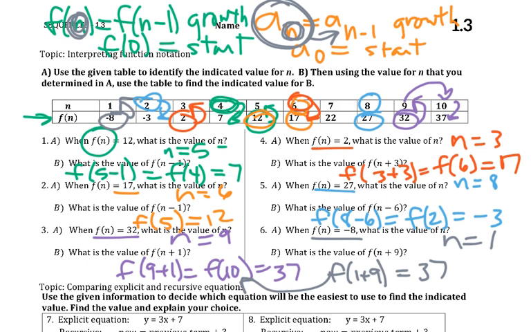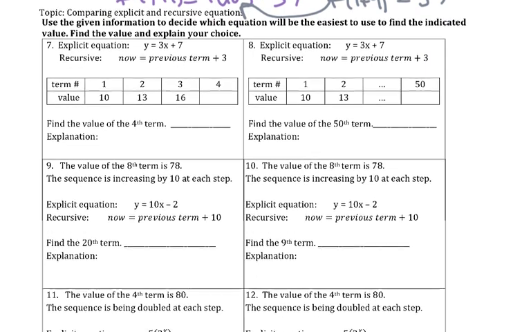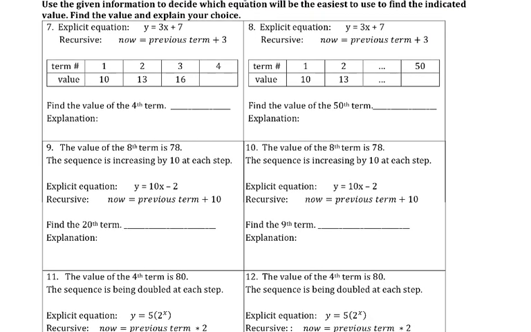Alright, so that's function notation and how it's connected to the sequence notation. Now we're going to compare some explicit and recursive equations. So we're trying to decide which is easier, the explicit or the recursive equation.